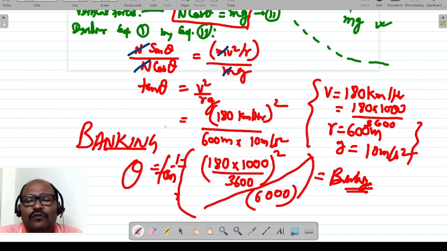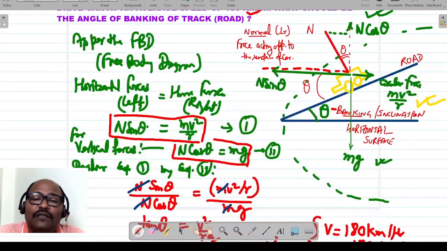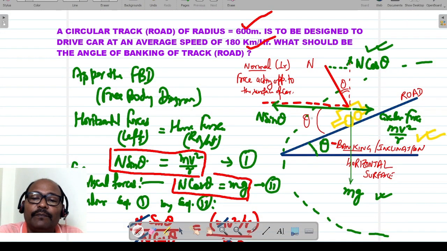You can see the trigonometric table to calculate the value of theta. The designing of the road is done in this way so that when a car or any vehicle travels on this inclined road with a banking, it will not overturn.